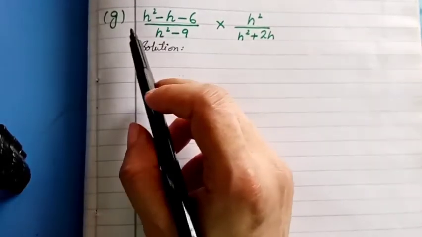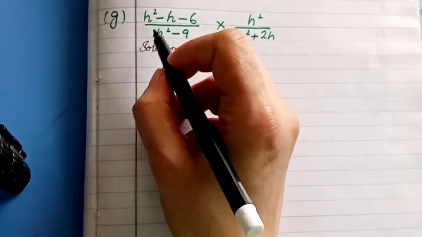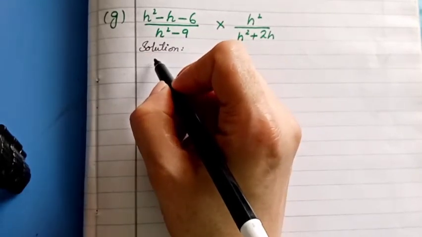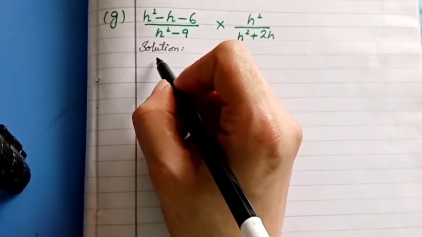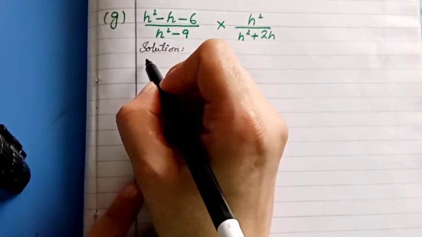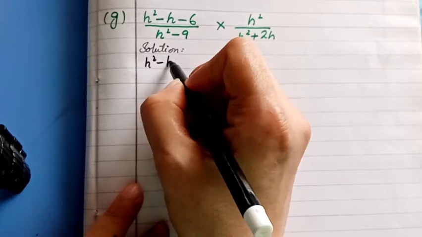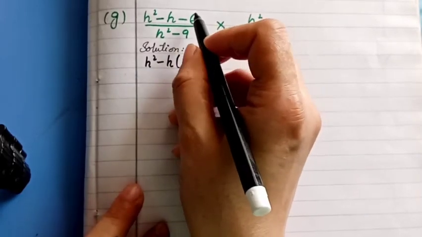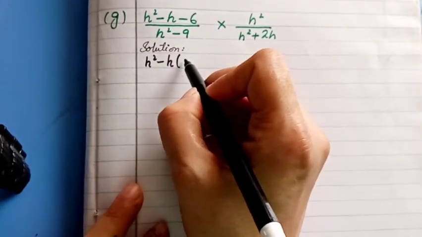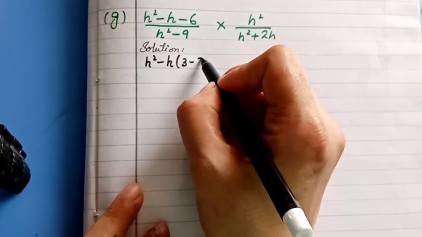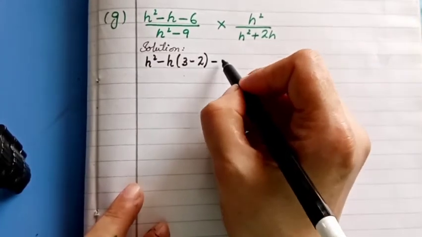Now I am going to solve part G for you. I am starting solution. In the numerator we have to split the middle term to simplify it. So I am going to split the middle term. I am taking this minus h as common and splitting this 6, 3 minus 2 and minus 6 here.